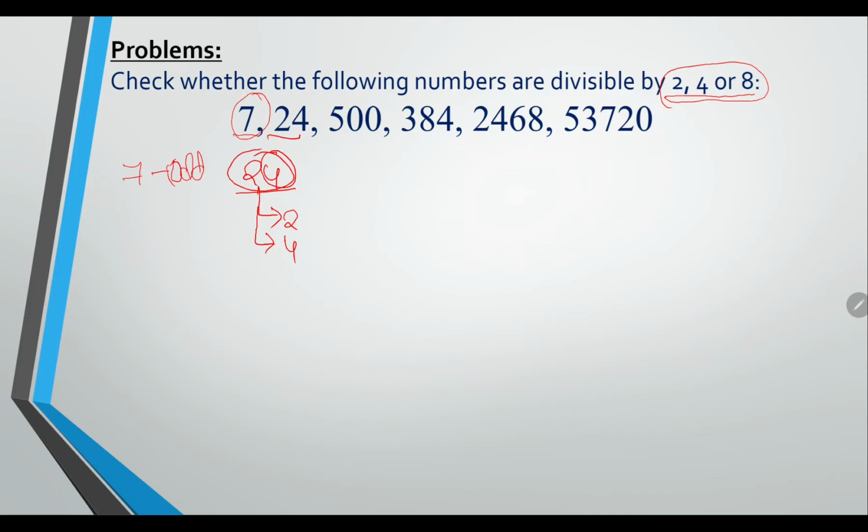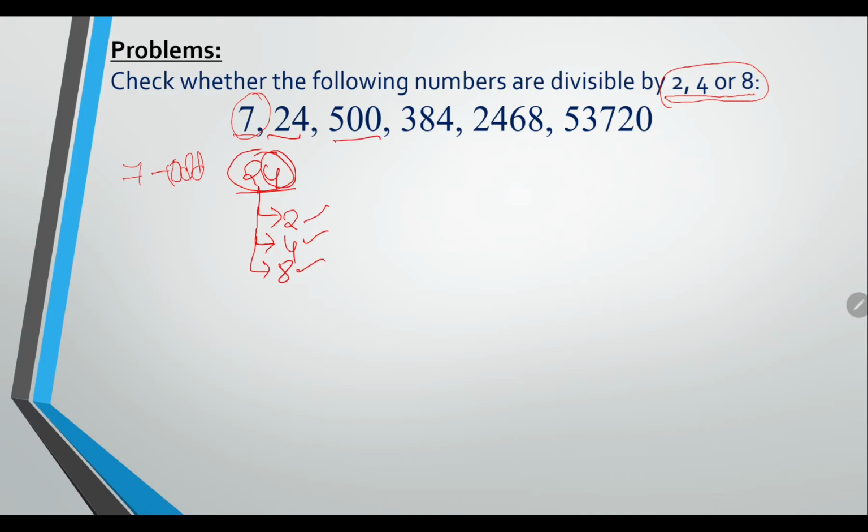We get the remainder as 0, so 24 is divisible by 4 as well. And next, 8. As it has only 2 digits, we can simply divide the number by 8 and we get the remainder as 0, so we can say that 24 is also divisible by 8.